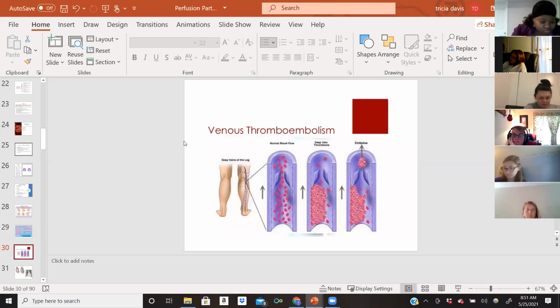We know that they are at risk for venous thromboembolism. So what side heart failure do you think that you are going to see that risk of thromboembolism in? Do you think it's going to be the right-sided or the left-sided?